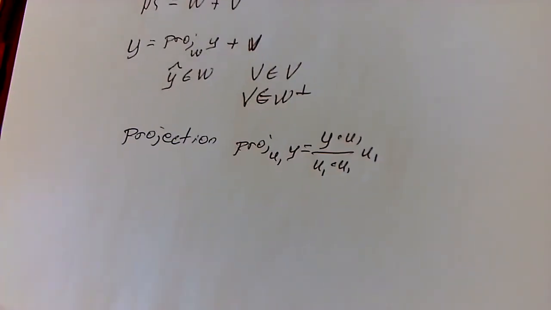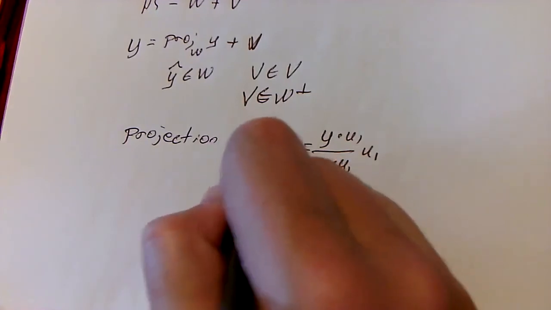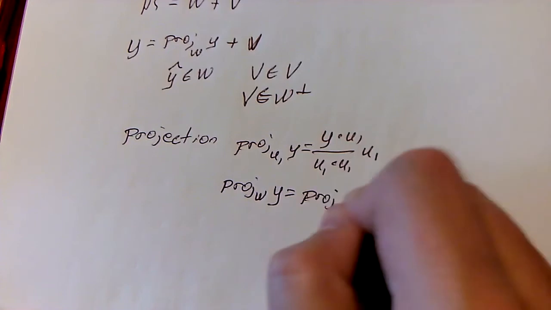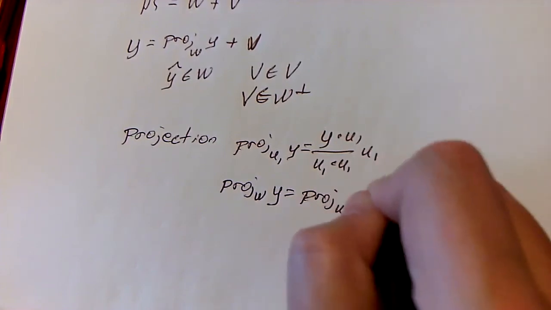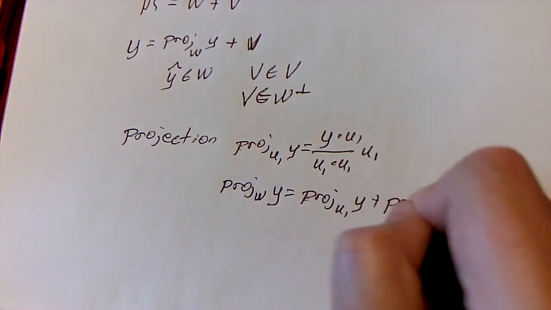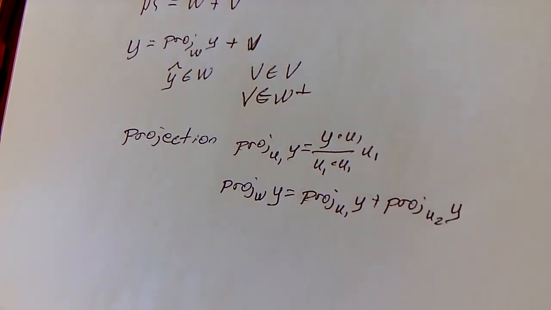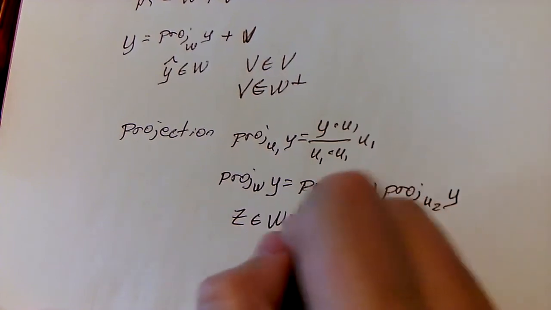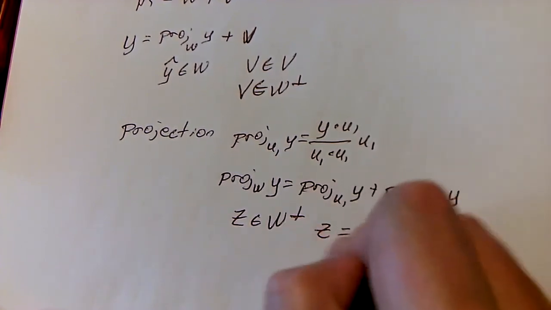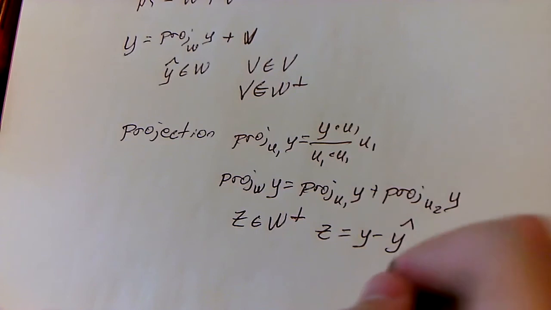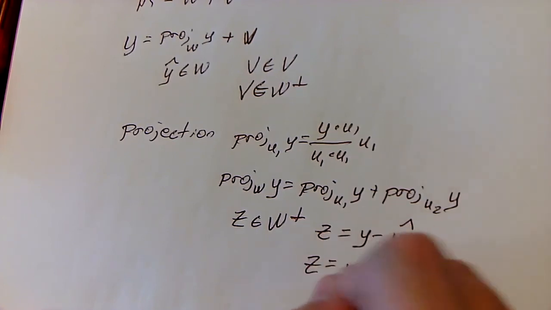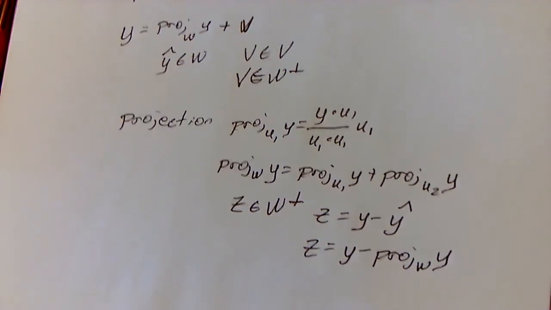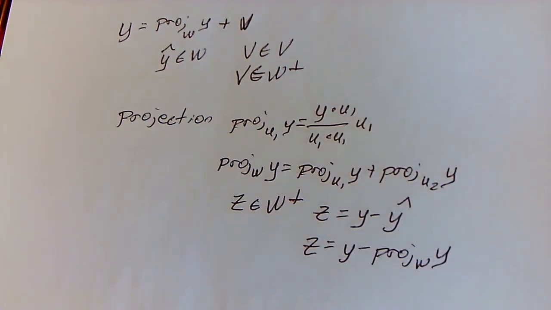And if you're going onto a full space with multiple vectors, then you can simply do the component projections and add them together. And if you need z that's an element of W perp, then you find z by simply subtracting the y hat, which, remember, is defined as the projection onto the space W.